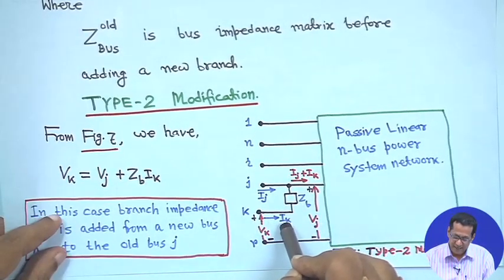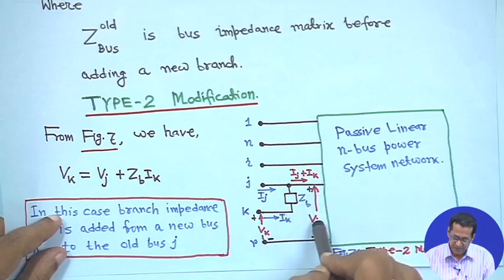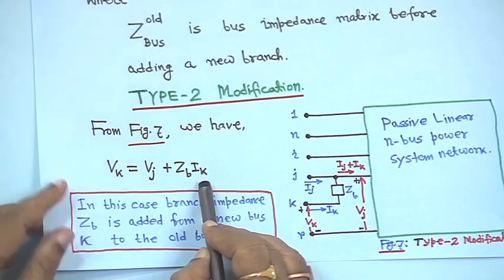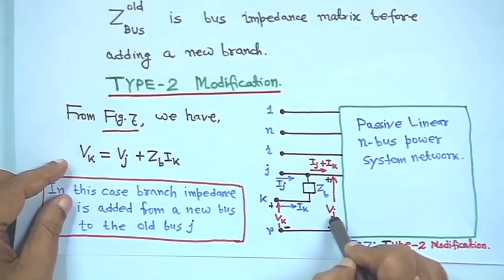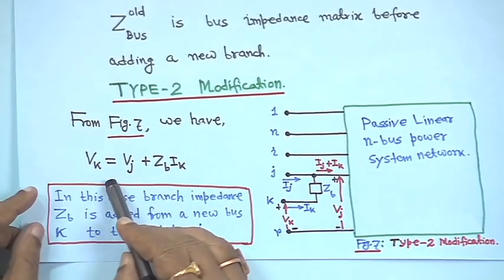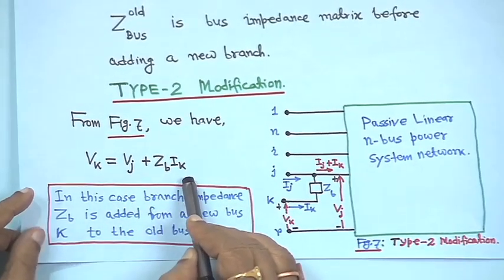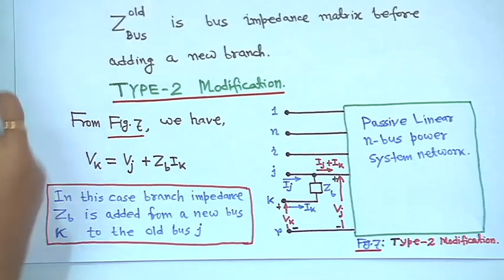It will be IK into ZB plus Vj minus Vk is equal to 0, that means Vk is equal to Vj plus ZB IK. This way I have drawn it for you, such that it will be easy to understand.